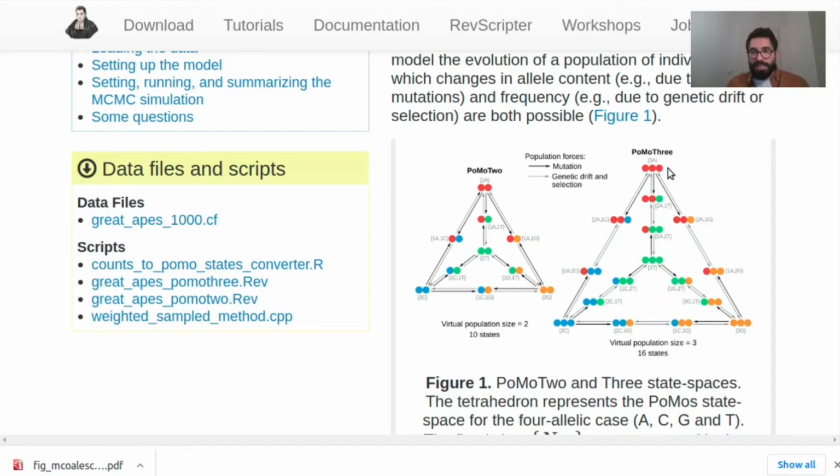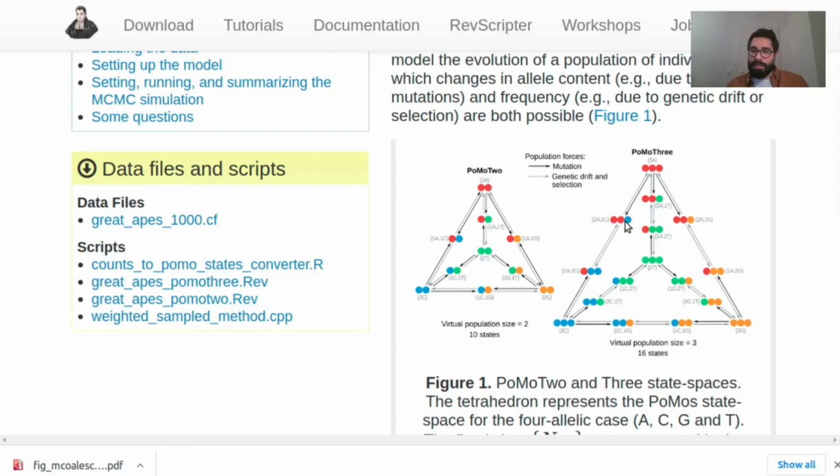In this case here I have 3 individuals and all of them have the same allele, the red allele or the nucleotide A allele. So this is a homogeneous population state and we call it fixed. But we also have polymorphic states in which some individuals of the population have, in this case, 2 of them a red allele and 1 individual has a blue allele.